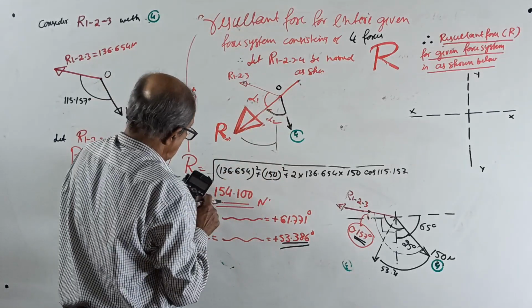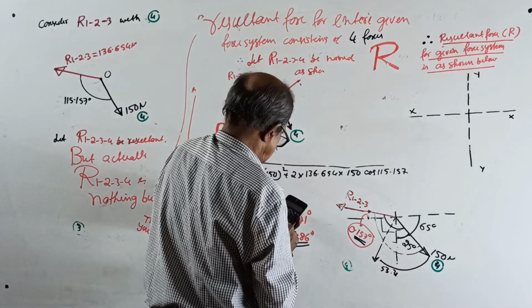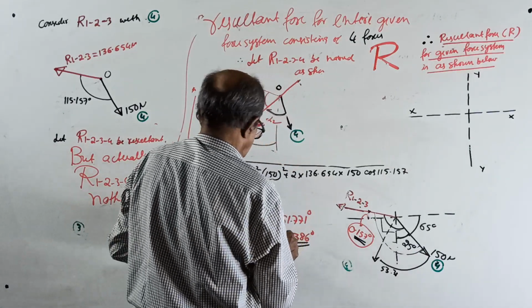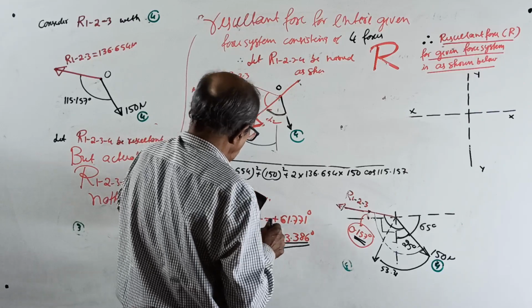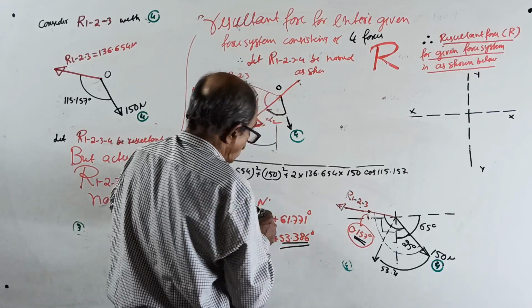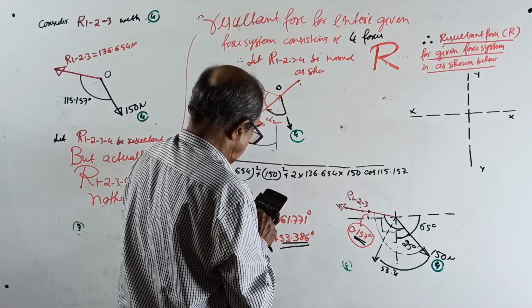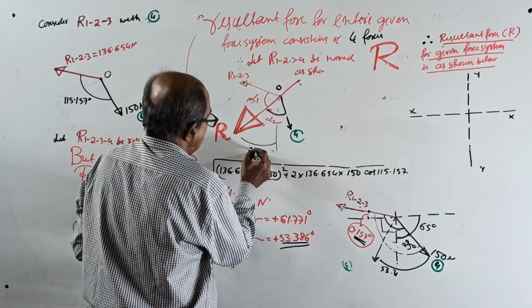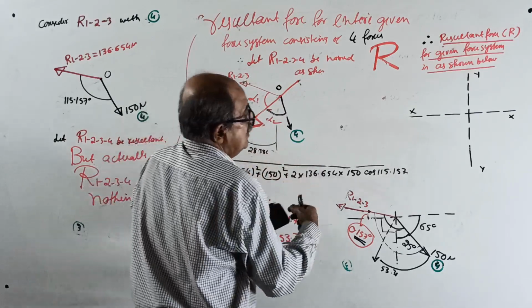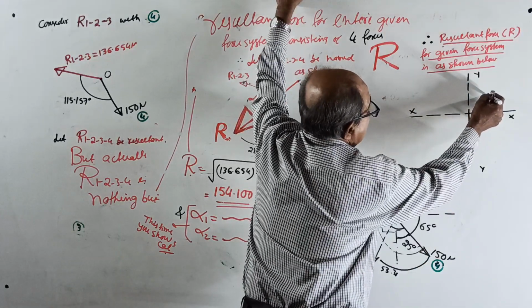Oh, I have not put the calculator on. 53.386 minus 25 will give you 28.386 degrees. So the resultant will make an angle like this.